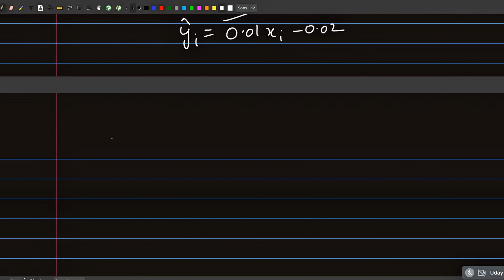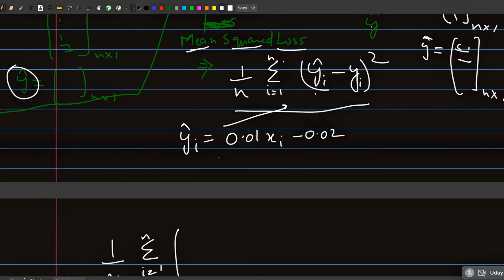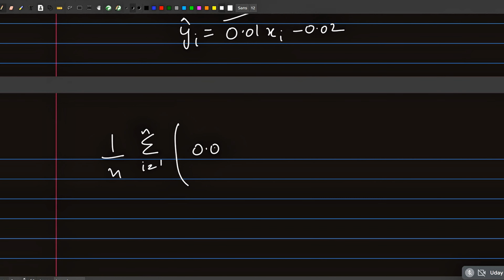So what we will get is 1 by n summation i equals 1 to n, 0.01 x i minus 0.02 minus y i, squared. Okay, I substitute.